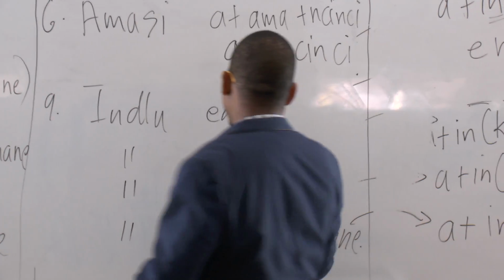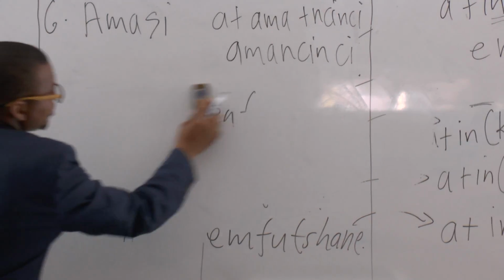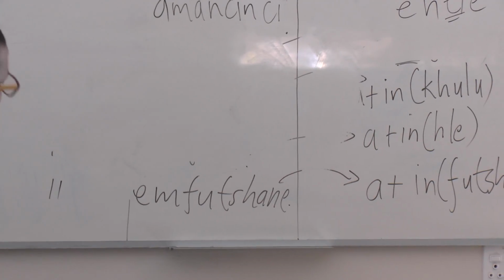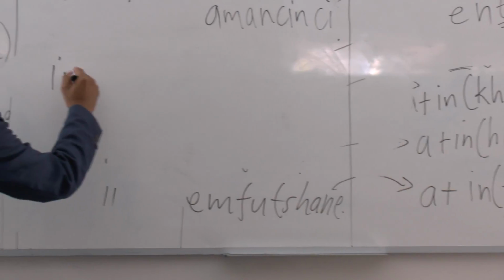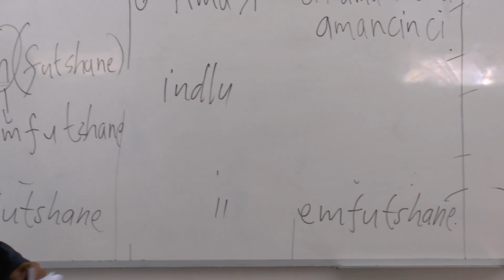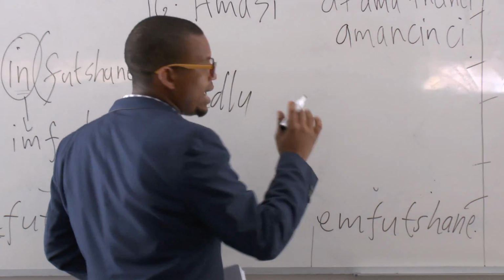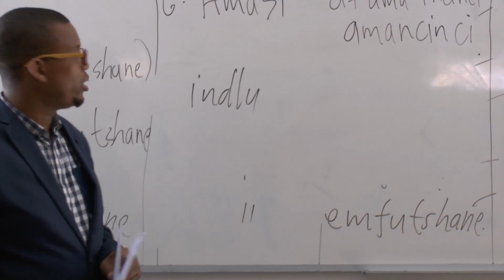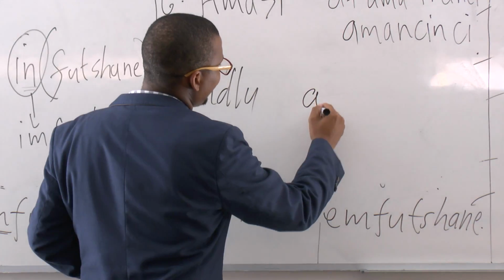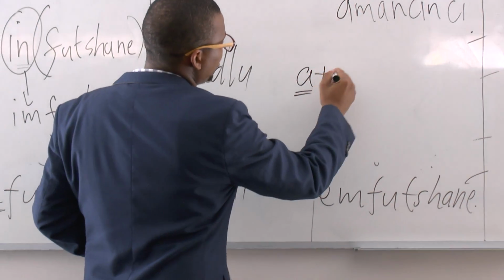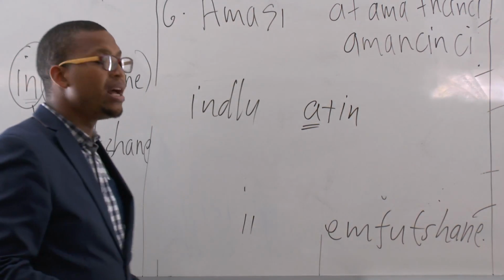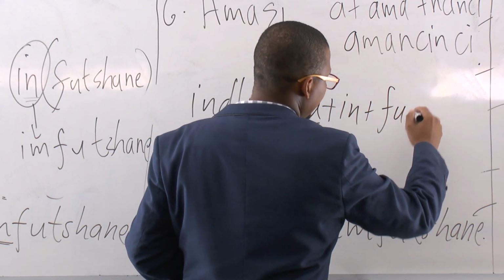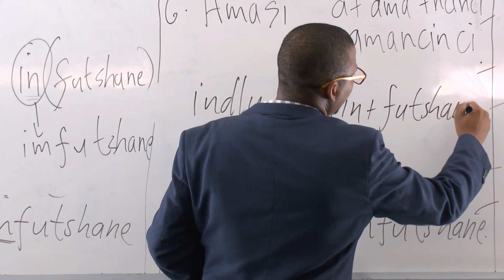it's fuphi. As you can see on the board, indlu emfuphi. Then, in this case, we've got indlu, which is our noun. A short house, indlu emfuphi. Then the first thing, you put the affirmative A, followed by the prefix, which is in, followed by the adjective itself, which in this case is fuphi.